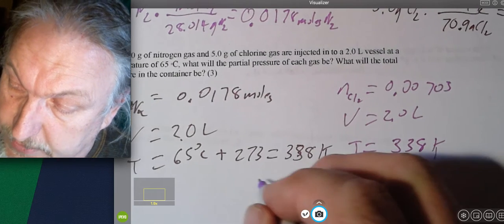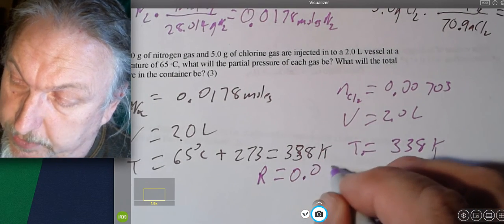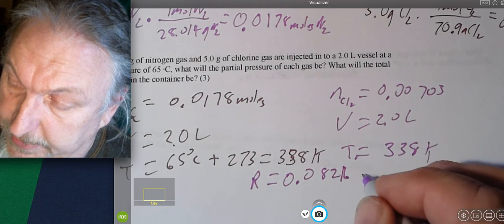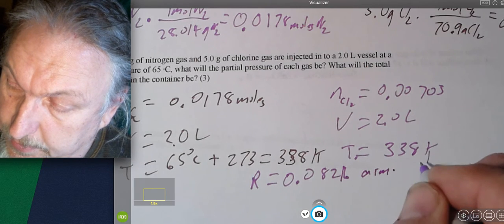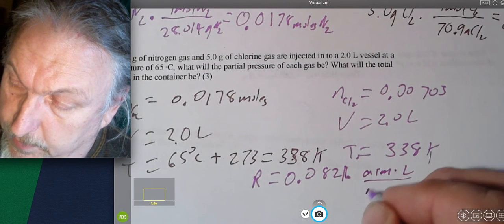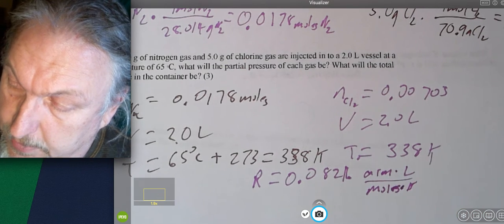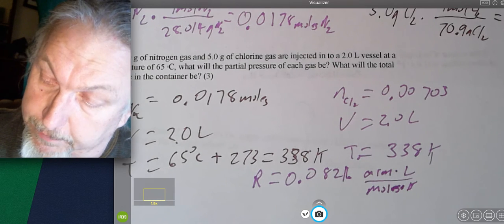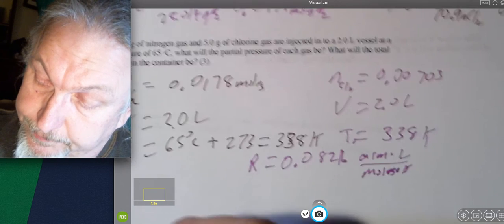R is the universal gas constant. We'll go ahead and use the one we know, 0.0821, and that is atmospheres, liters, per mole, K. So now we've got enough information that we can put it into our ideal gas law.